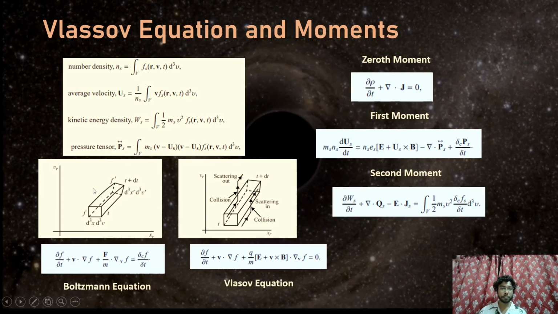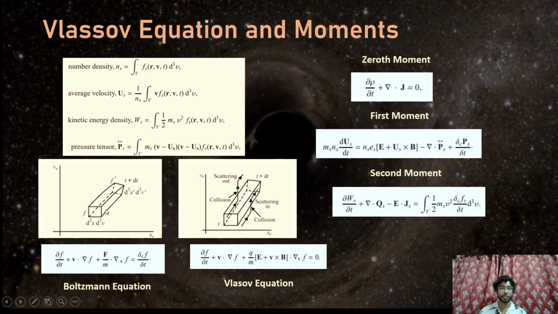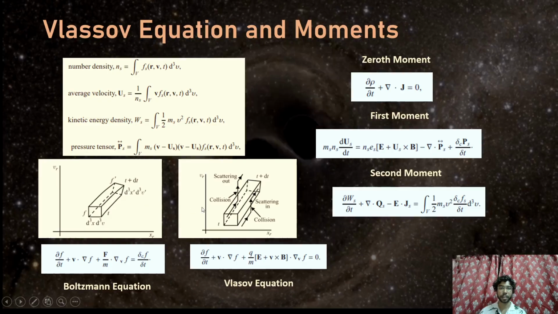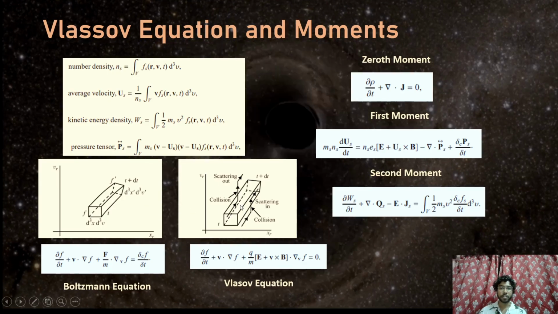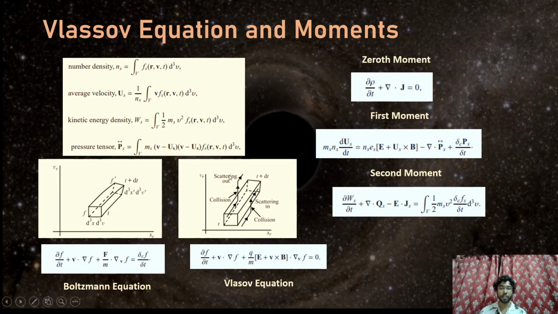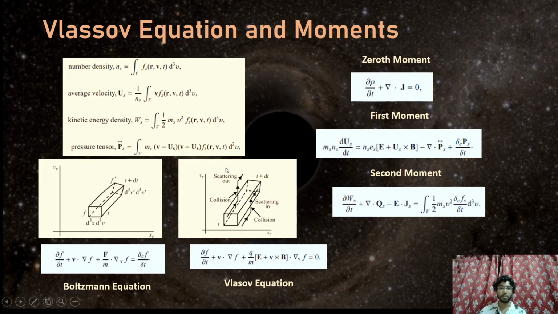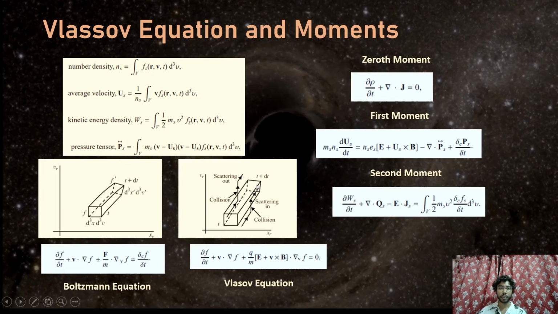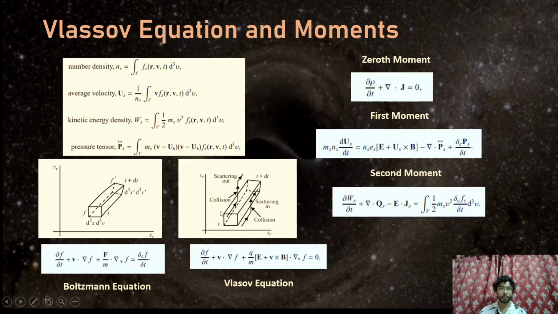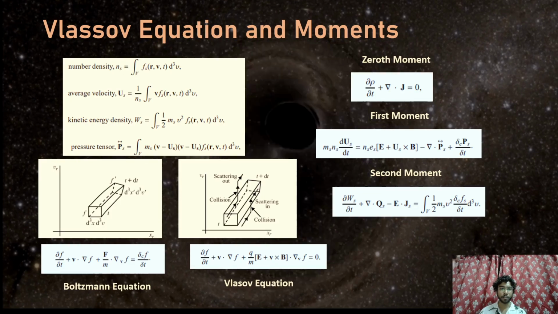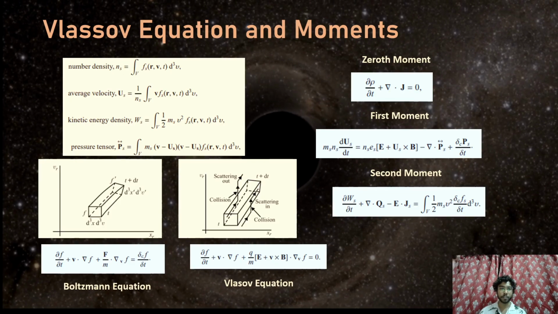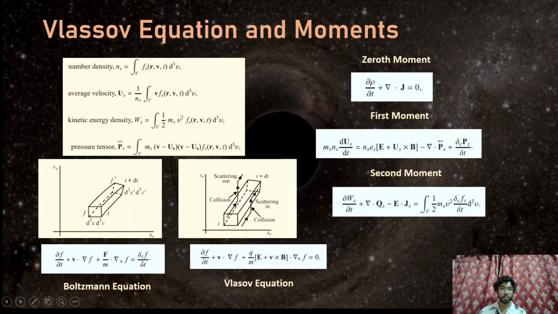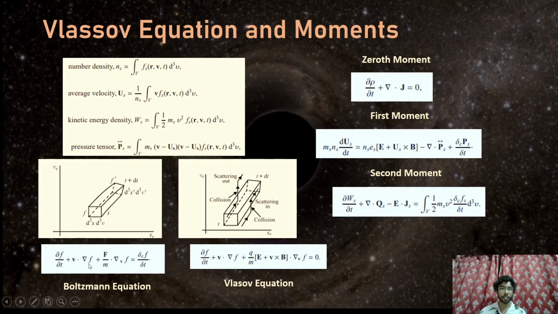So this is the picture in absence of any collision or scattering. Whereas, if we have some scattering or collision, there could be particles coming out or coming in to the volume at the next instant, and the picture will change, and we'll have a collision term like this, del Cf del t.